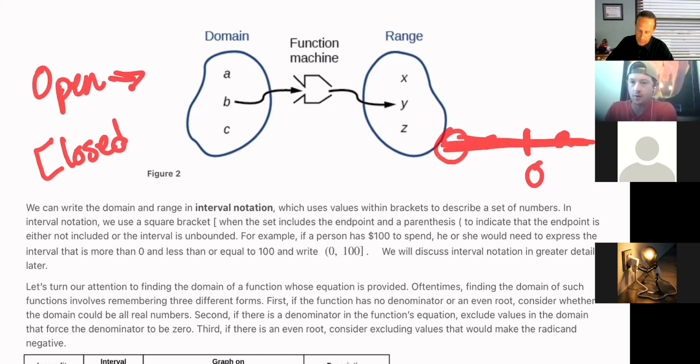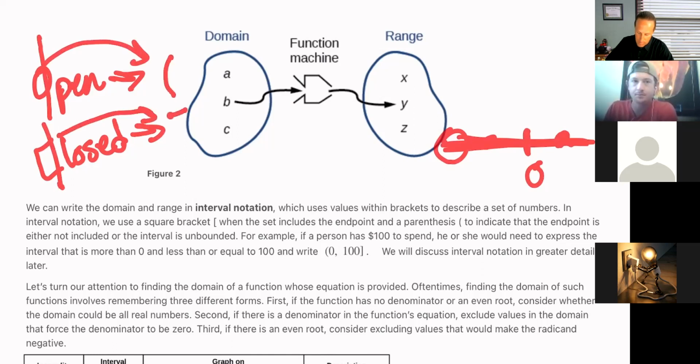And for us, if you just take the half of the first letters, you'll see that's exactly what we have, a parenthesis or a bracket. That's my fun little way to help you guys remember open versus closed.